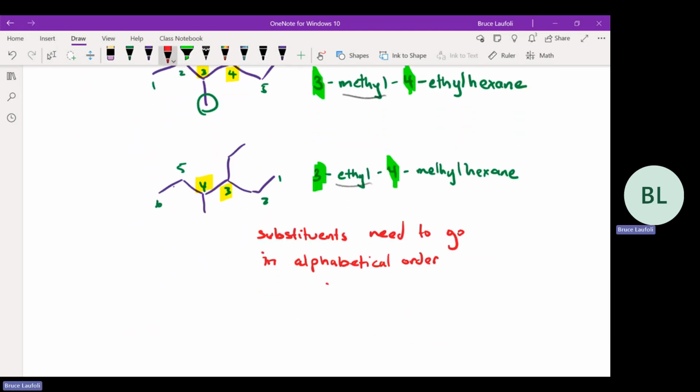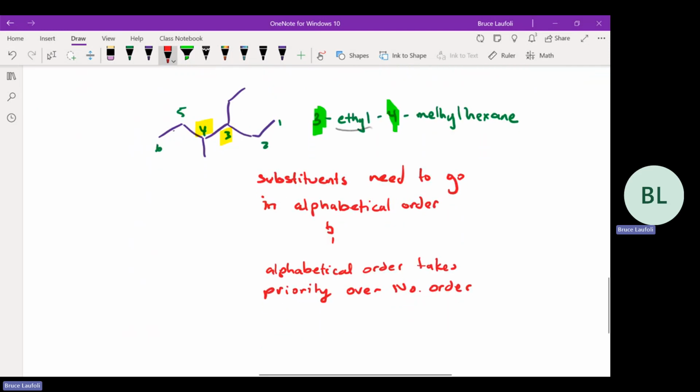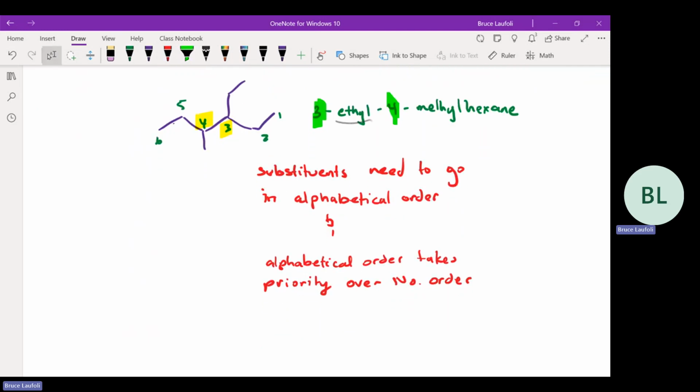And also, alphabetical order takes priority over number order, because sometimes you can see that the numbers will be different.